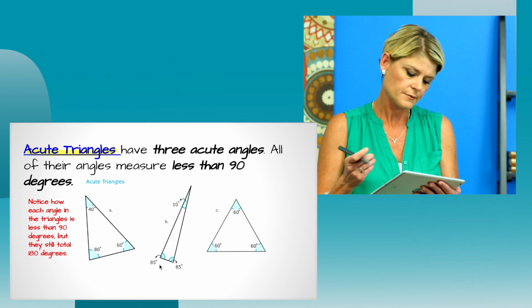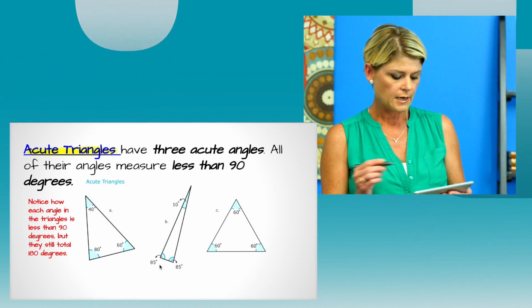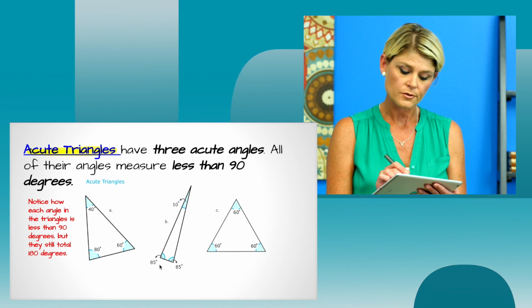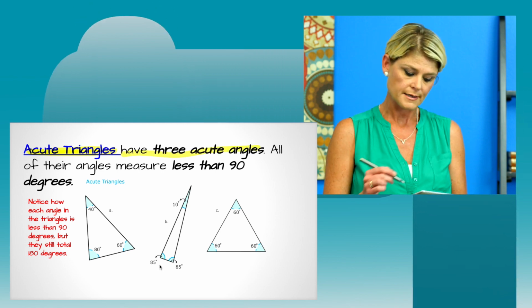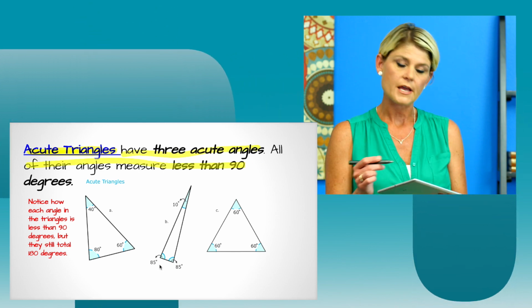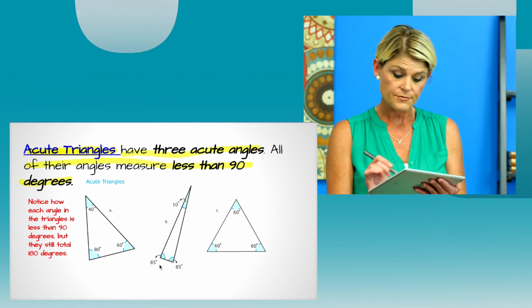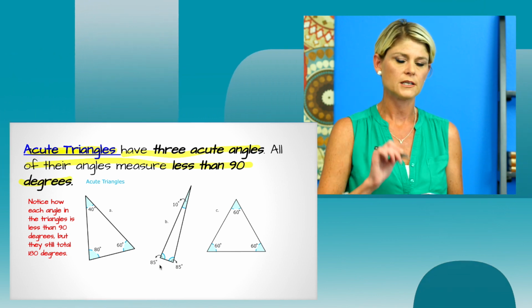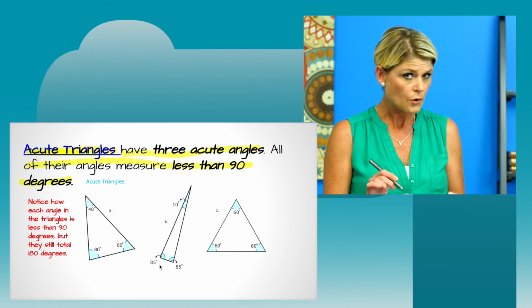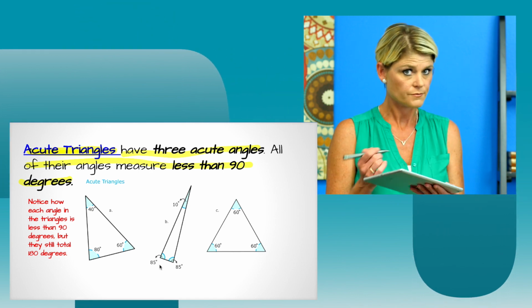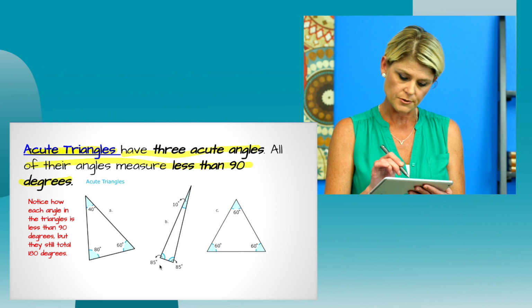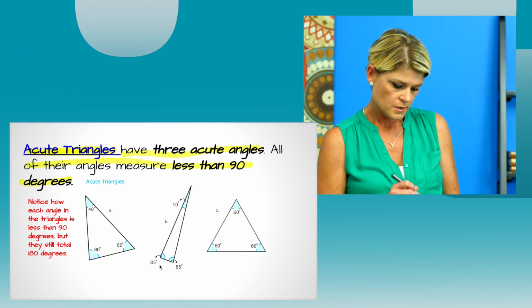It's small. That might be silly, but it worked for me. Acute triangles have three acute angles inside them, meaning all of their angles measure less than 90 degrees. Now keep in mind, even though the measures of the angles are less than 90 degrees, they all still total 180 because that's one of the rules we know about triangles.